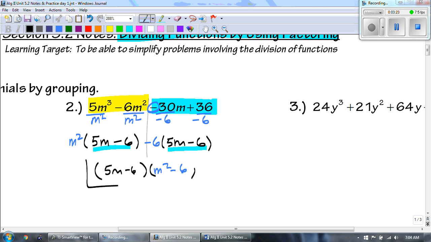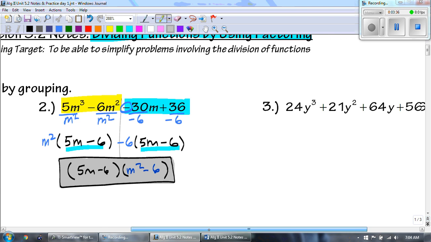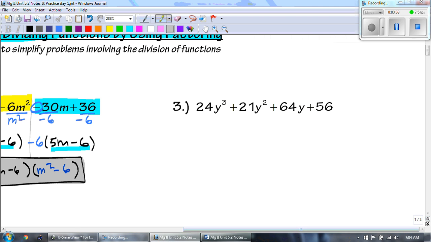Now, it does not matter which order you put them in, okay? With multiplication, order doesn't matter. The key thing is just being able to look at the numbers and know what it is.